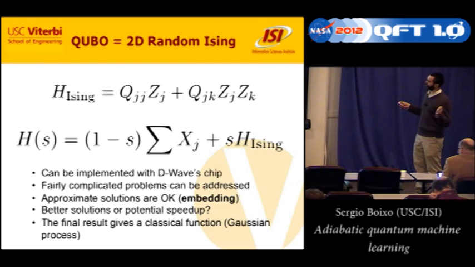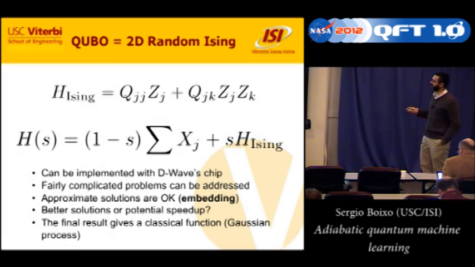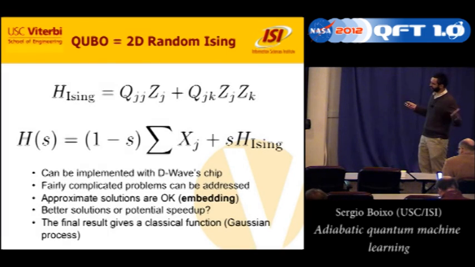And if you slowly turn off the transverse field and slowly turn on this Hamiltonian, where slowly means, according to the adiabatic theorem, one over the gap, then you find the ground state of this problem, which gives you the set of features for your binary classification. So that's something we can run on the D-Wave chip, and that's what we want to do, okay? That's a good feature for us because we have this machine there.